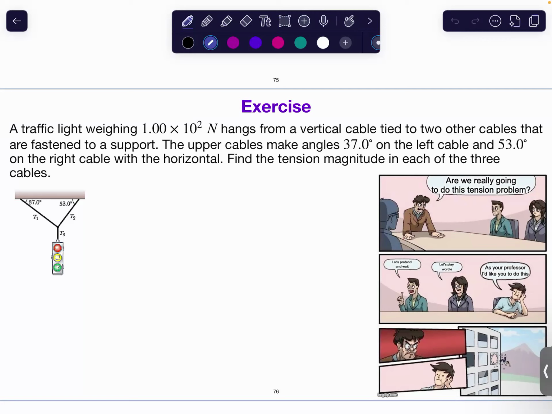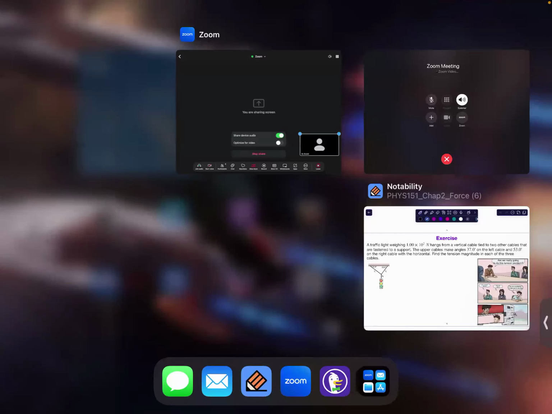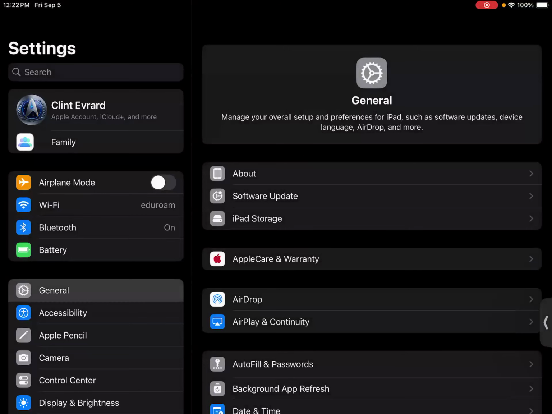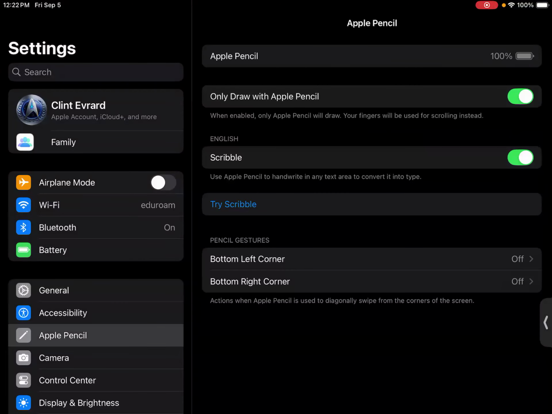Why is my Apple Pencil not working? Well, maybe we'll have class today. You got games on your phone? Interesting.